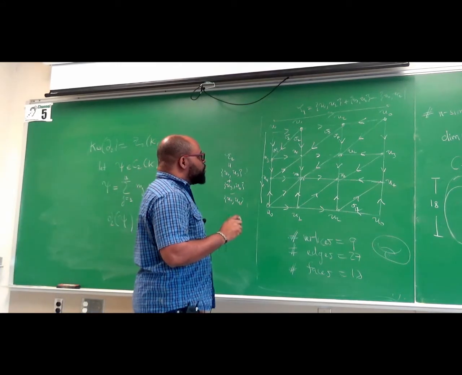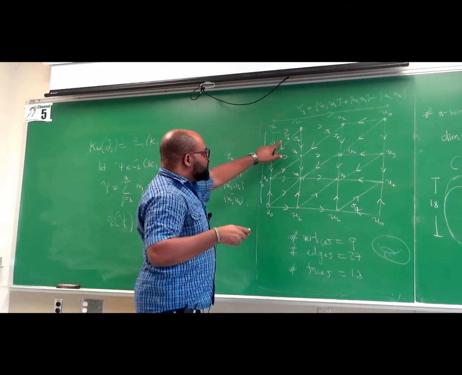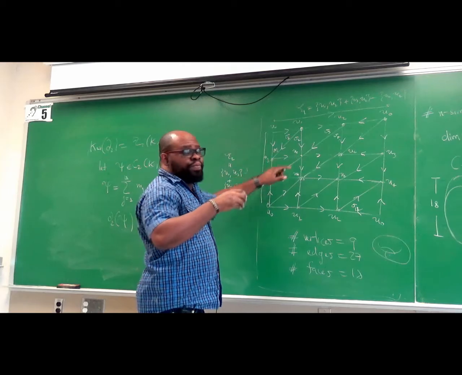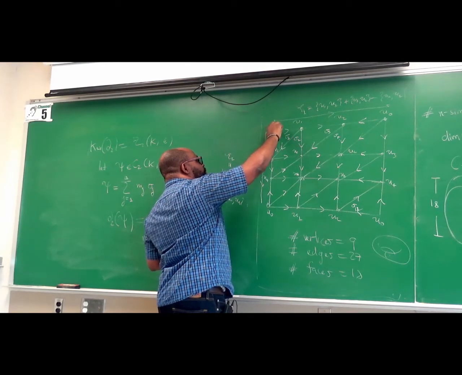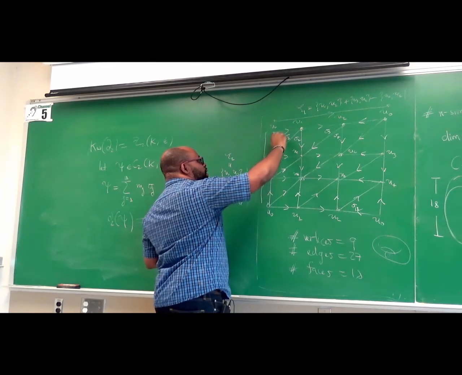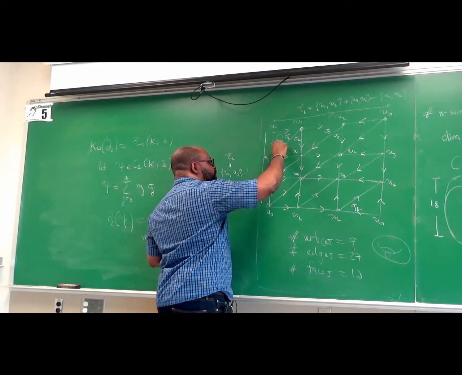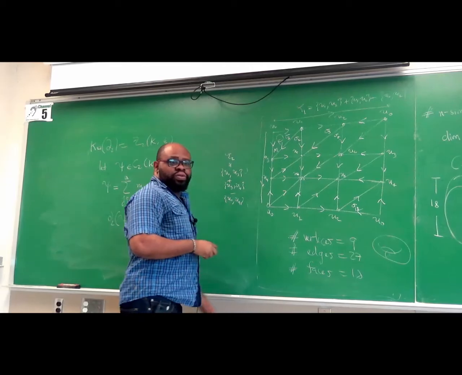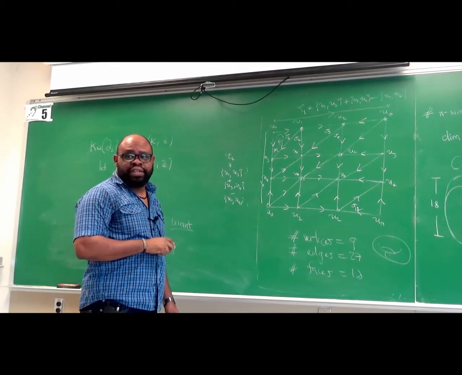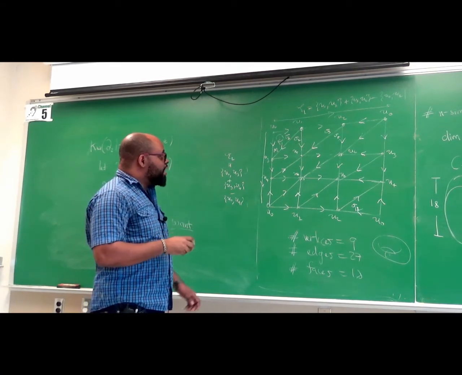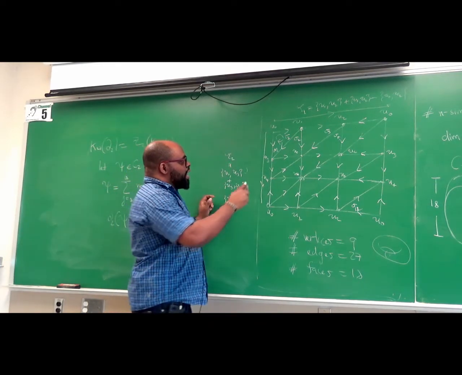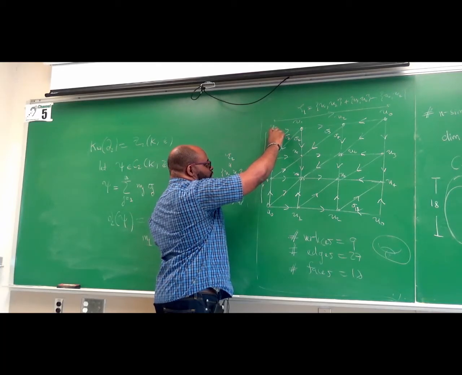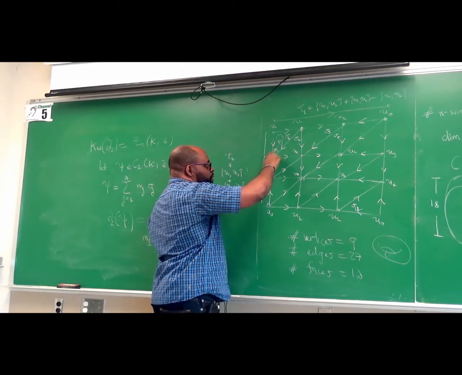The next thing I'm going to do is orient the simplices. So notice that we have this orientation, for example, 0, 1, 3. So we have this sort of clockwise orientation. The trick to figuring out if it goes clockwise or counterclockwise is by looking at whether or not you have 2 consecutive arrows like this.